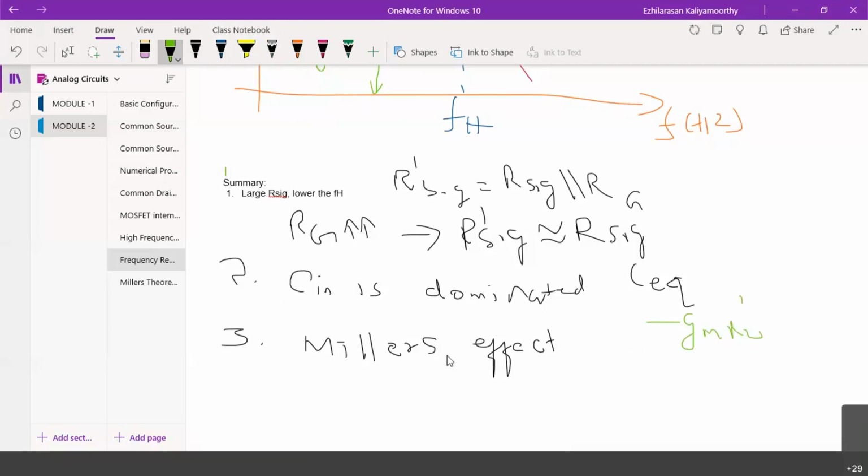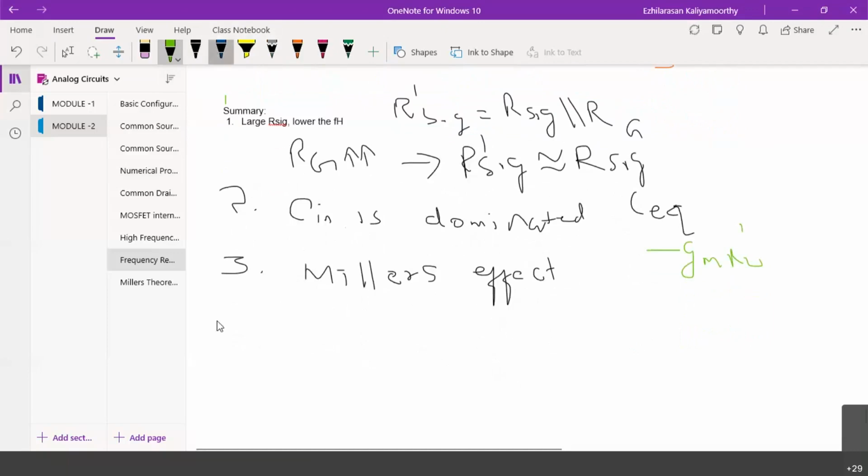Next, the fourth point: we can extend the higher cutoff frequency, that is, extend FH, by finding a configuration with reduced or zero Miller effect. So if you want to extend the higher cutoff frequency, we can eliminate the Miller effect, and if we eliminate it, we can get that.